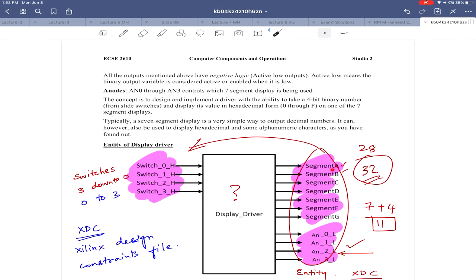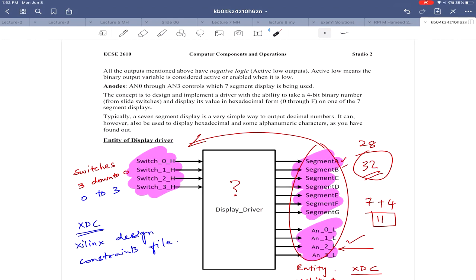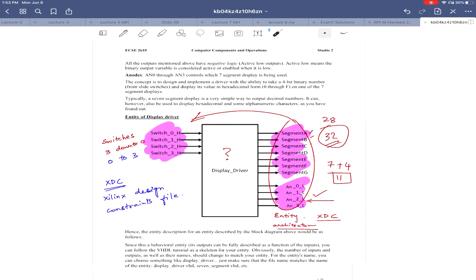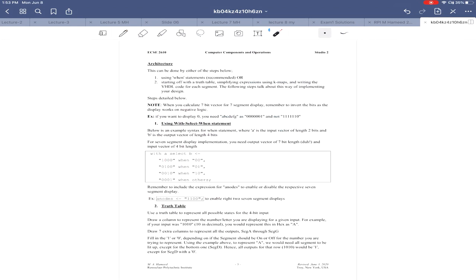So if something is 0, that means it is actually active. So the light will turn on, for example. And if you want to turn on the rightmost 7-segment display, then you will have to make that particular anode low, 0, and the others have to be set to 1. And I describe that using an example right here for anodes.